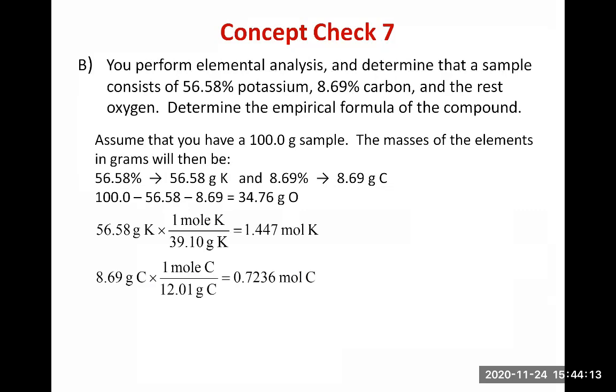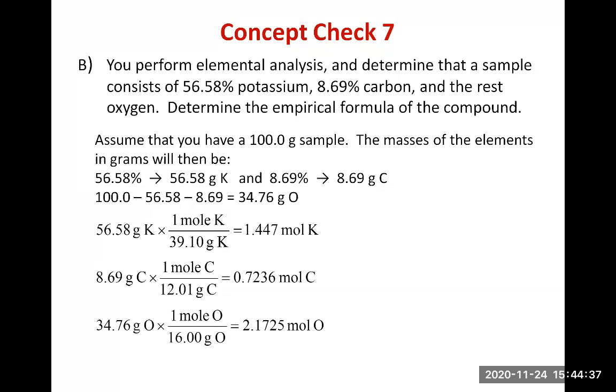Next, you do carbon, 8.69 grams of carbon multiplied by 1 mole of carbon divided by 12.01 grams of carbon. That's the molar mass of carbon. Written such that the grams are on the bottom, so we can cancel the units of grams of carbon. And we come to this number of moles of carbon, 0.7236.